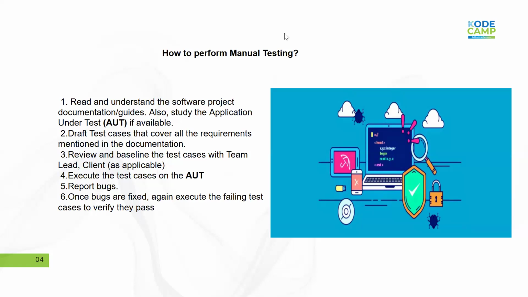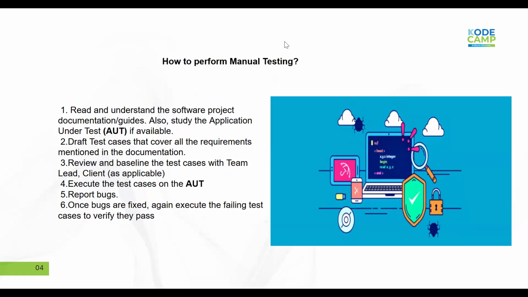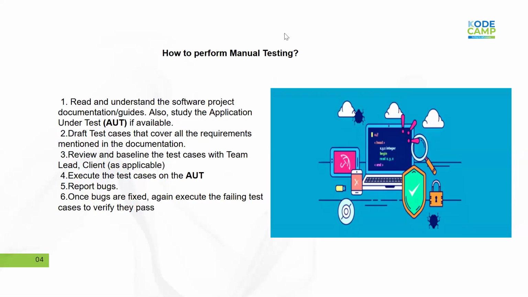The software, the FRD, the software documentation, specification, anything regarding the software you're about to test: read, digest, and understand it. Then, if there is a close application to the one you want to test, you can also study that as well.